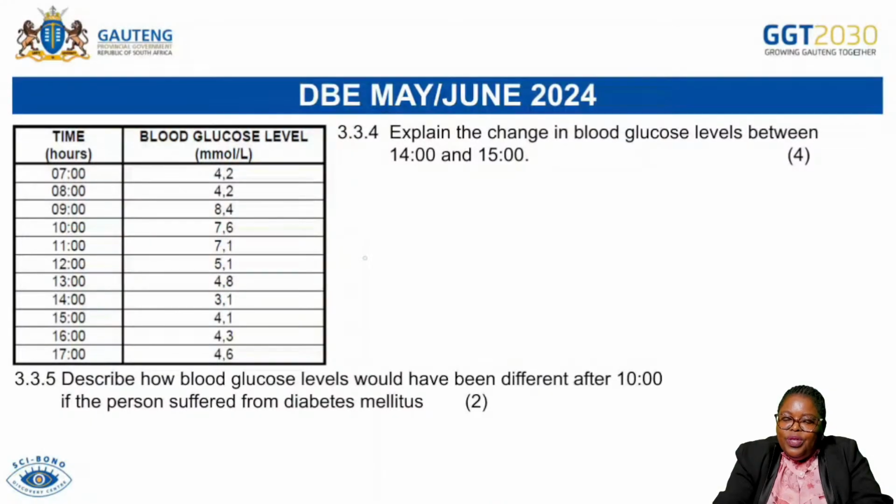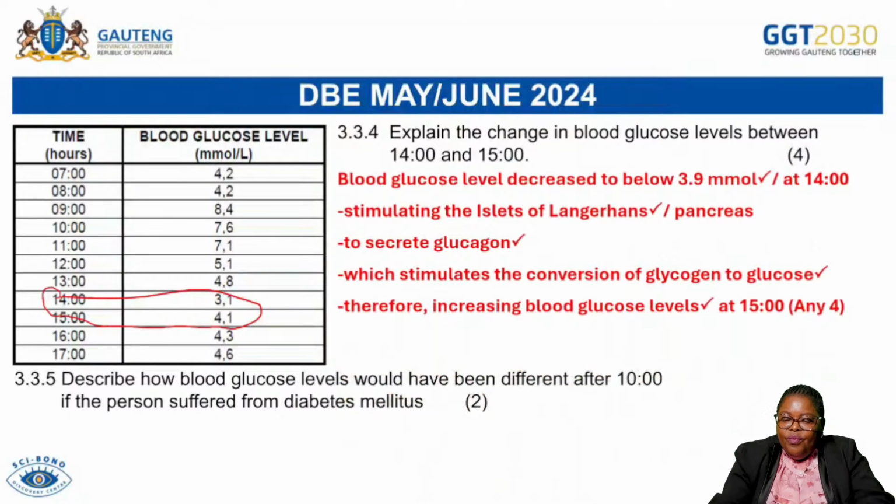Okay, let's continue with the question. Explain the changes in blood glucose level between 14 hours and 15 hours. Now, blood glucose level decreased below 3.9 at 14 hours, stimulating the islets of Langerhans or the pancreas to secrete what?